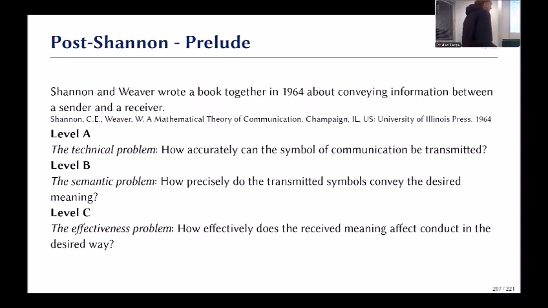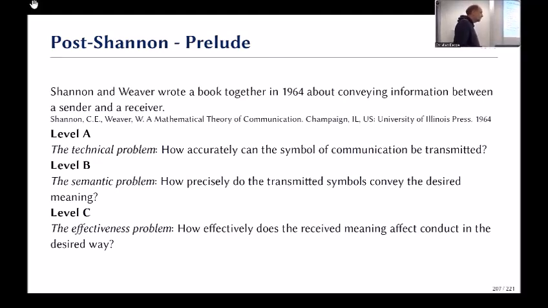But then they also have level B and level C. And level B is a semantic problem. How precisely do the transmitted symbols convey the desired meaning? So not only that the sender wants to know which message was received, perhaps you want to receive the same symbols, but perhaps we just want to know some meaning, and does it work correctly? And that comes together with the effectiveness problem. How effectively does the received meaning affect conduct in the desired way?